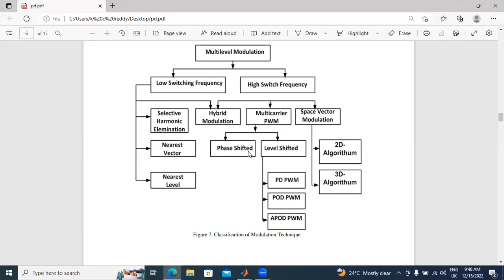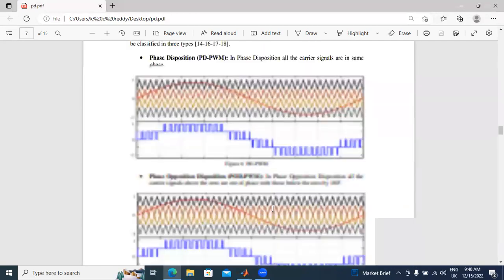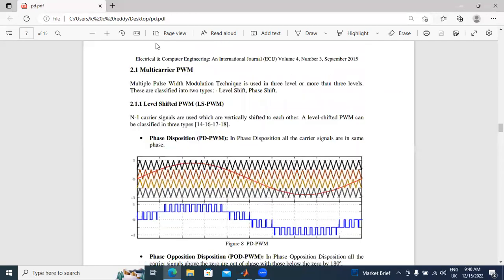In phase shifted modulation, there is only a single switching frequency. Level shifted modulation is divided into three types: phase disposition PWM, phase opposite disposition PWM, and alternate phase opposite disposition PWM. I will focus only on these three techniques: PD, POD and APOD. These are multi-carrier PWM techniques.